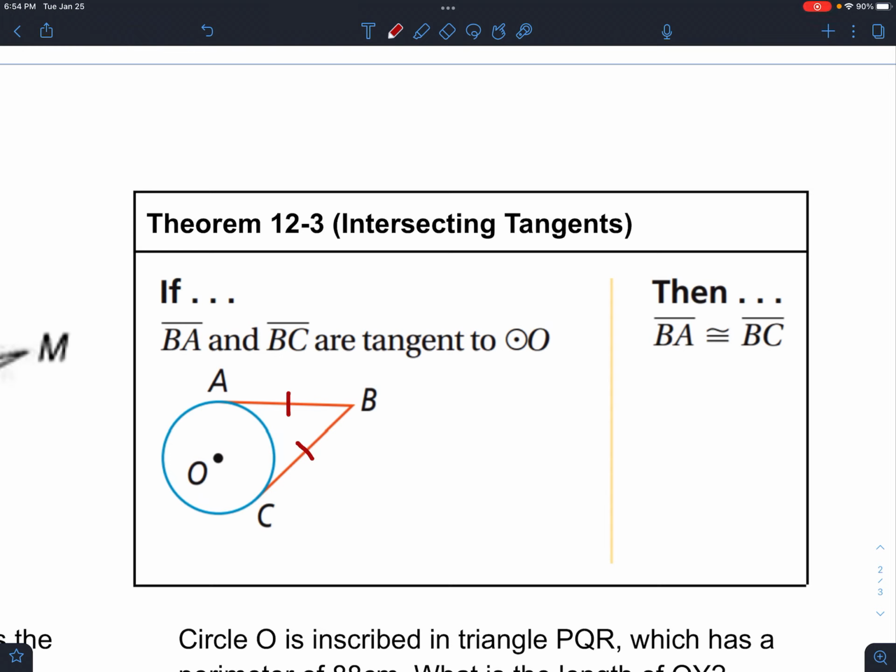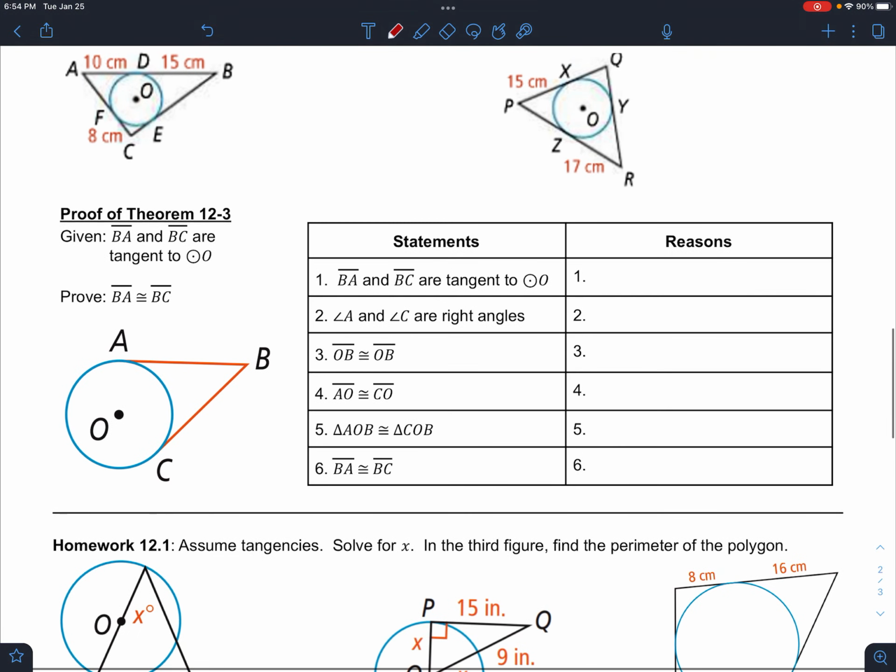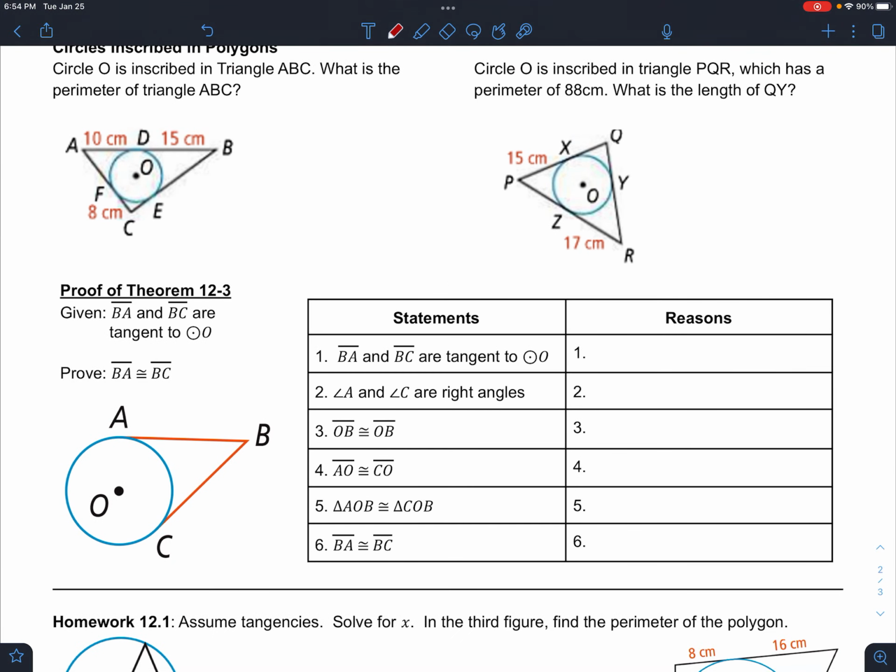I called it the intersecting tangents theorem because they both intersect at B, right? And they turn out to be the same length. So I thought it would be a good start to try and prove this. So I've written it all down here for us, and then we'll do those two examples.